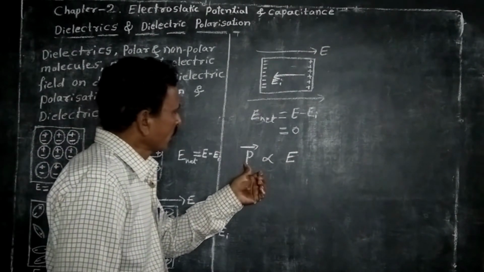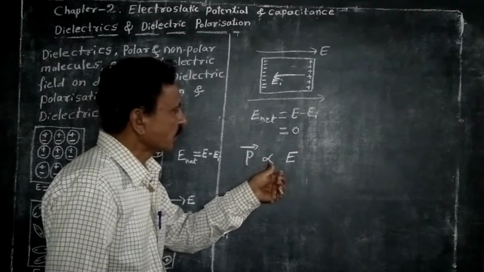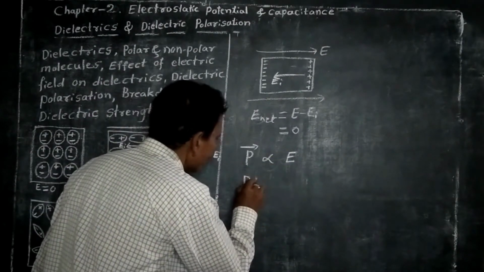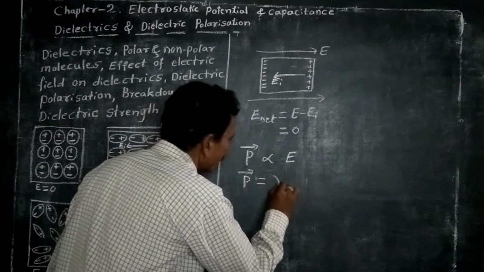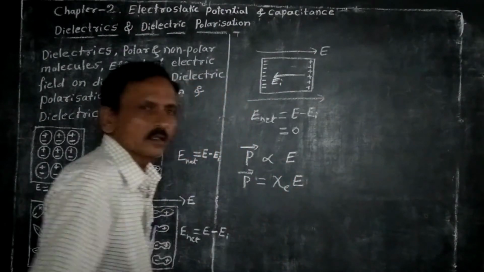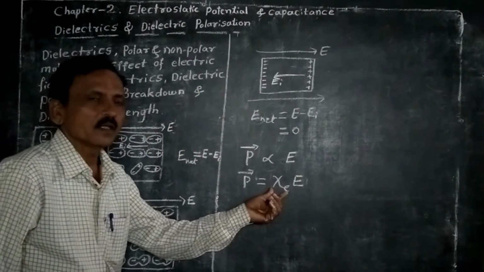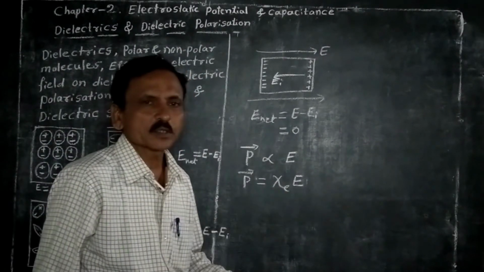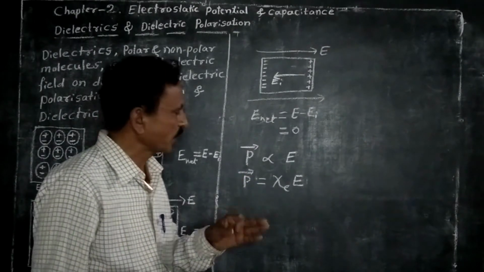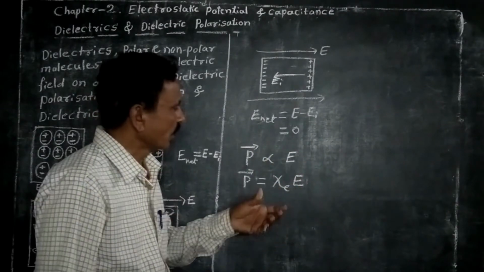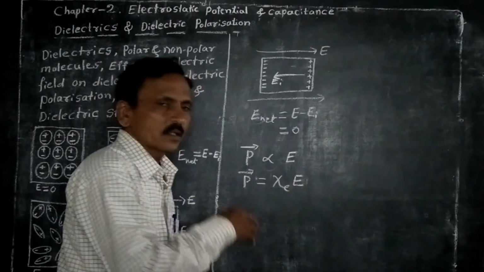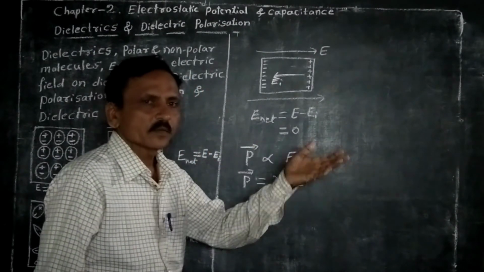Hence, polarization P is directly proportional to the external electric field, or P is equal to chi E into E, where chi E is the proportionality constant called electric susceptibility, and this we will study clearly in the next topic, magnetism and matter, along with magnetic susceptibility.